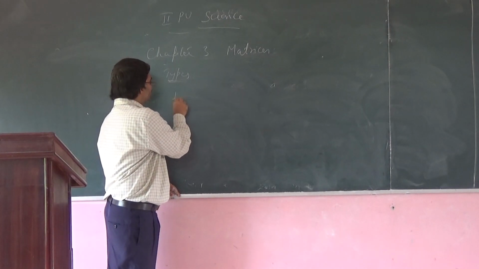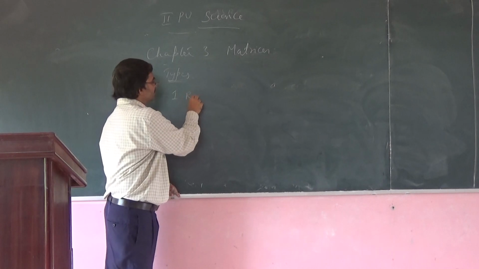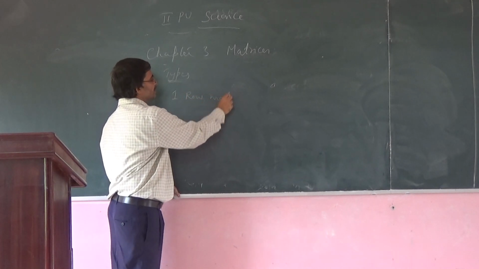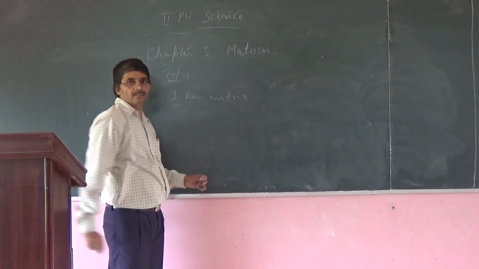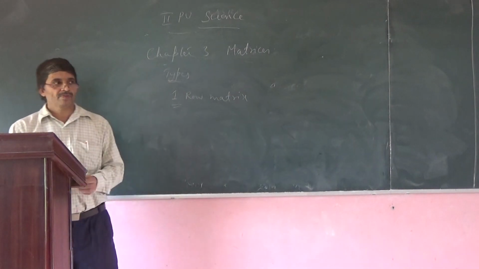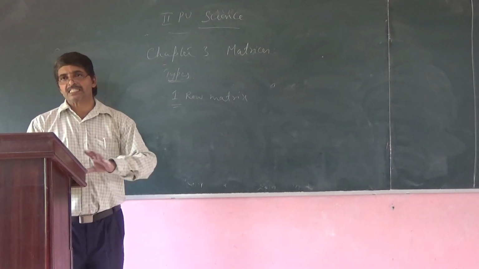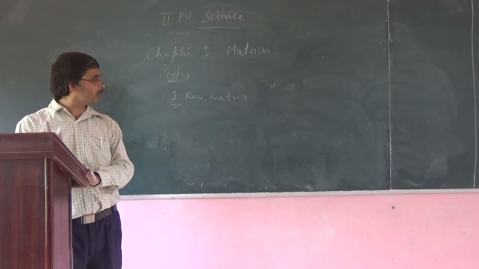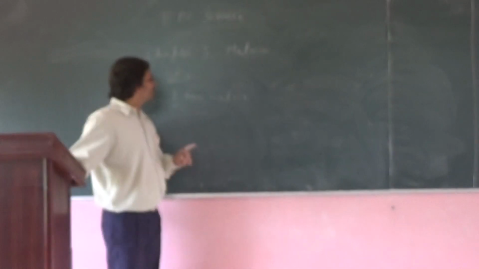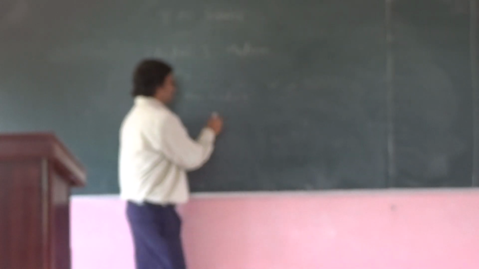First one, row matrix. It is a matrix having a single row. So only one row is there. So you can easily remember a row matrix.